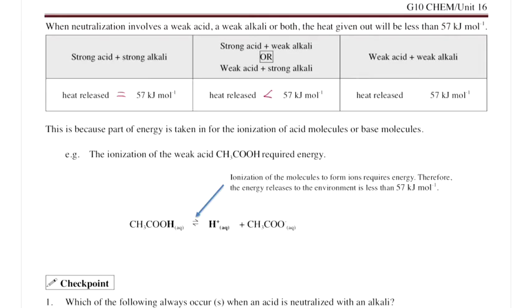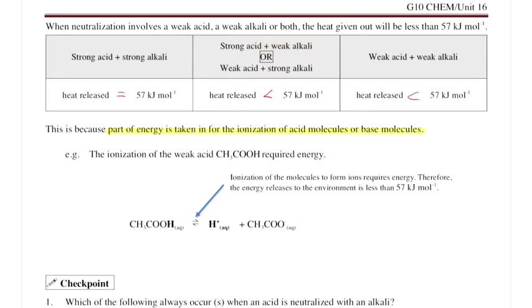Of course, the number is going to be lower when we have a weak acid reacting with a weak alkaline. This is because part of the energy is taken in for the ionization of the acid molecule or the base molecule.